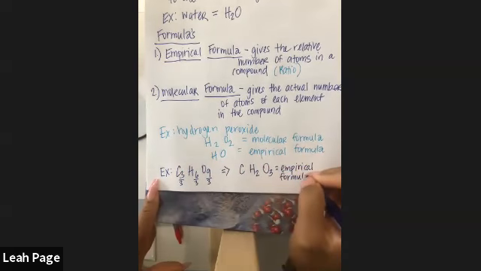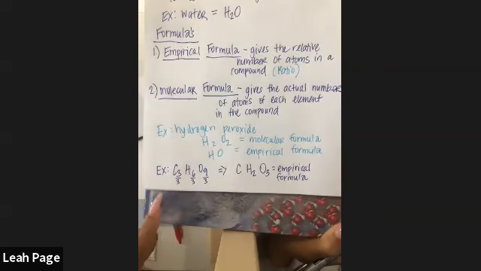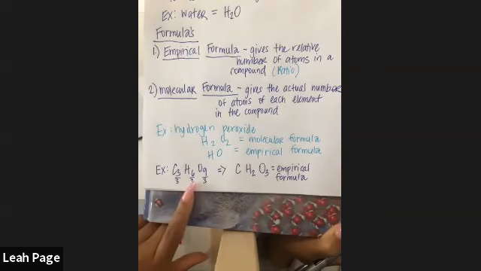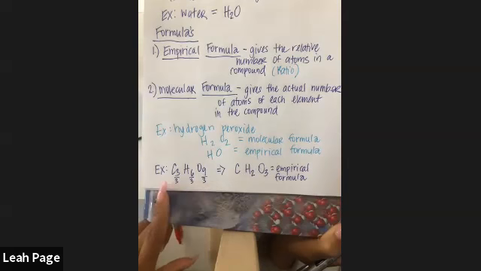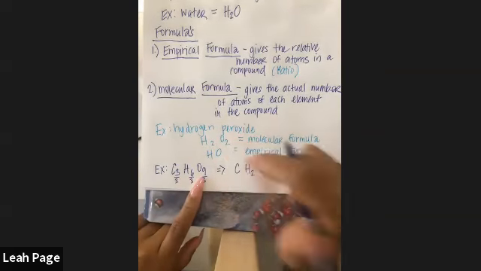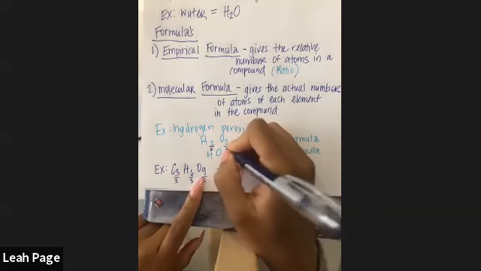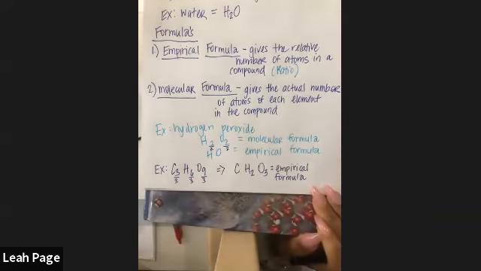So I heard some of you say CHO. The only issue is we have to set up the ratio between each element, not just which elements are there. Just like here, the ratio is they both have 2. So if I simplify them, it's like I divide both of these by 2, it gives me a 1-to-1 ratio.